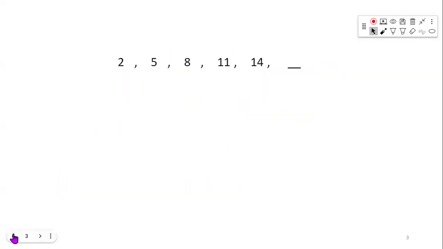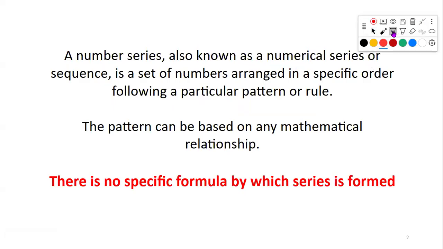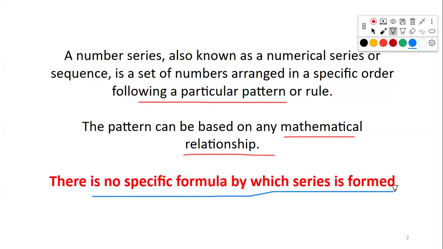A number series is also known as a numerical series or sequence, a set of numbers arranged in a specific order following a particular pattern or rule. The pattern can be based on any mathematical relationship. And please understand there is no specific formula by which a series is formed. It can form by addition, subtraction, multiplication, product, square roots, cube roots, anything.